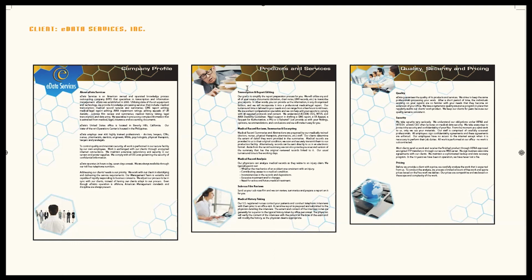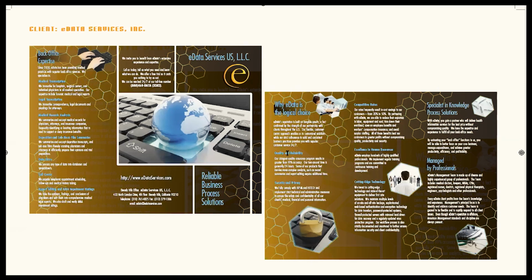If you put this here on top, you have company profile, products and services, and quality, security, prices. You can see all of those headings, and you can simply flip through them. This is also an earlier version of that.